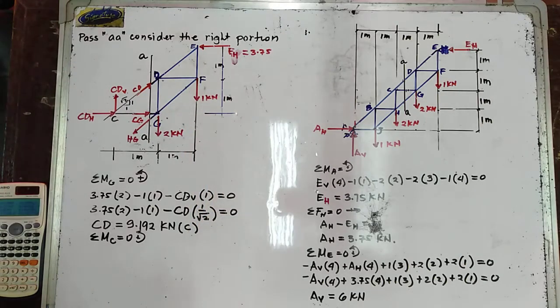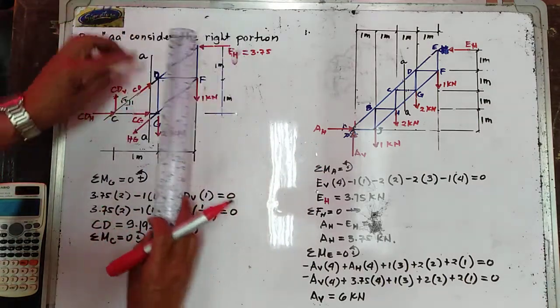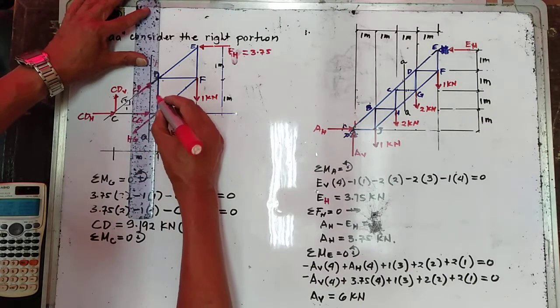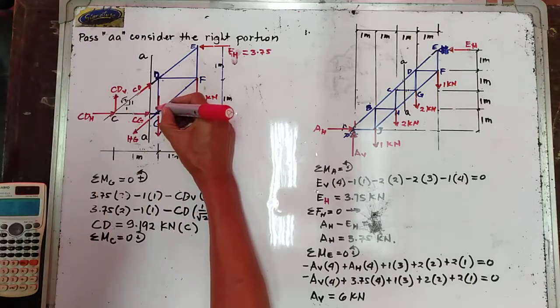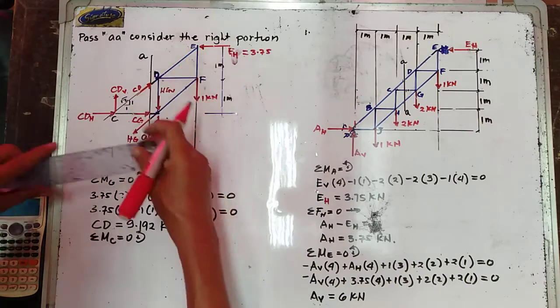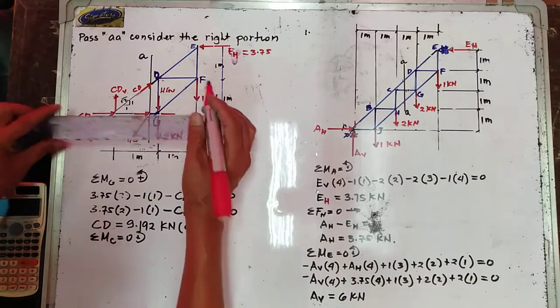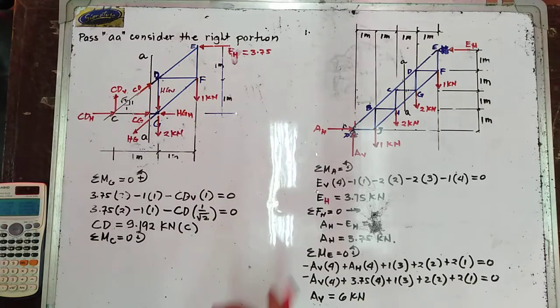So I am going to resolve HG into horizontal and vertical components. So this is now the vertical component of HG. So this is your HG vertical. And this is your HG horizontal.